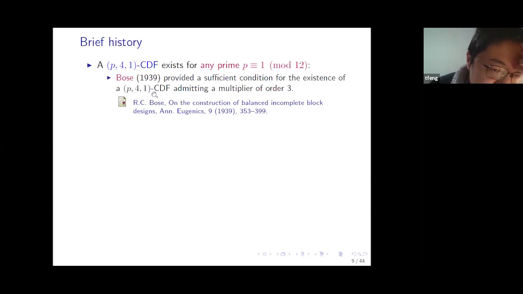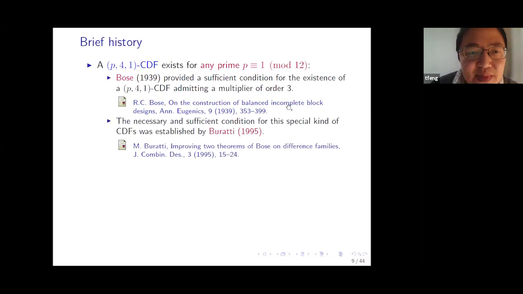Bose in 1939 first considered this problem. He provided a sufficient condition for the existence of a (p,4,1) CDF, but actually he considered a stronger condition on the cyclic difference family. He required his constructed CDF to have a multiplier of order 3. And Buratti in 1995 continued Bose's study.